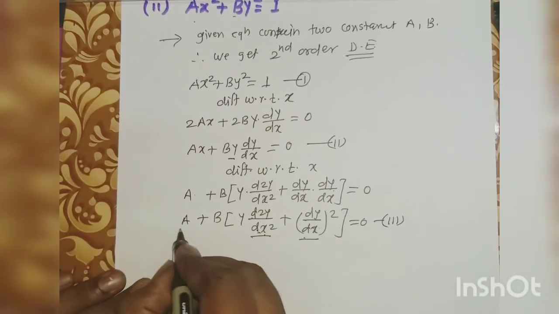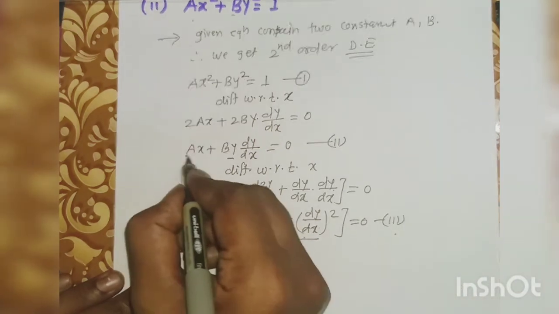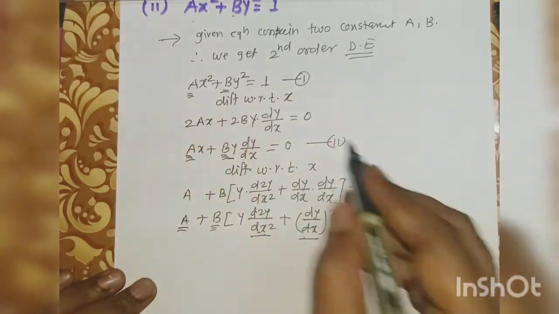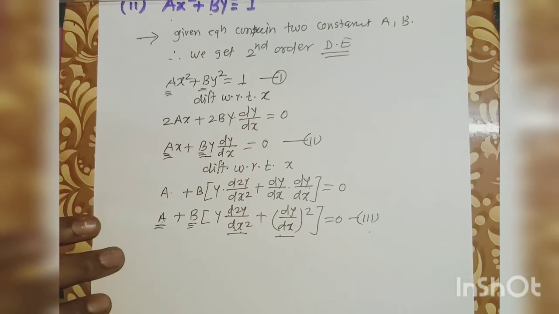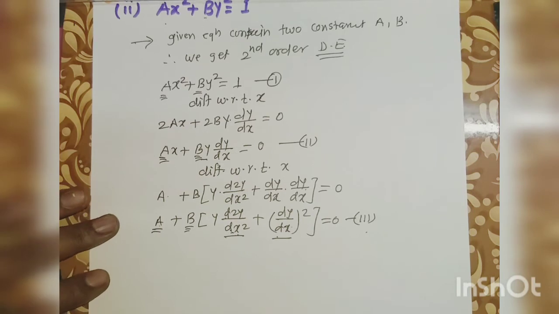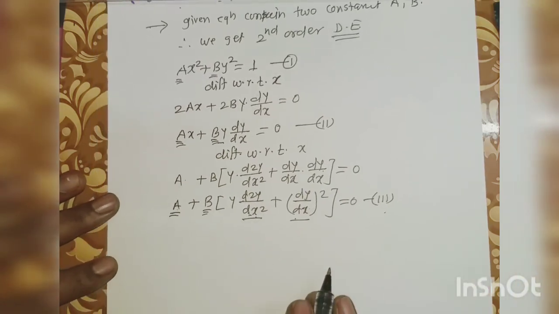Now we eliminate the arbitrary constants a and b from equations third, second and first. These three equations are linear in terms of a and b, and we eliminate a and b by using the consistency property of determinants we studied last year.